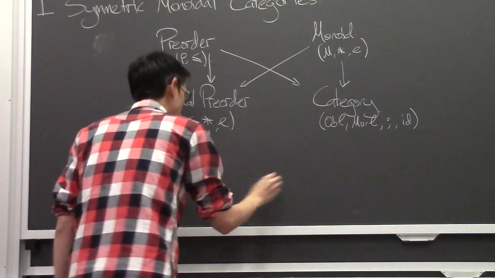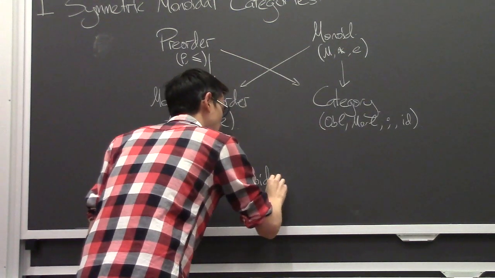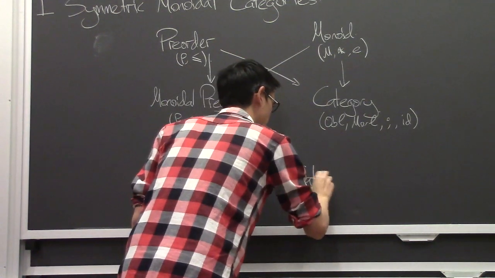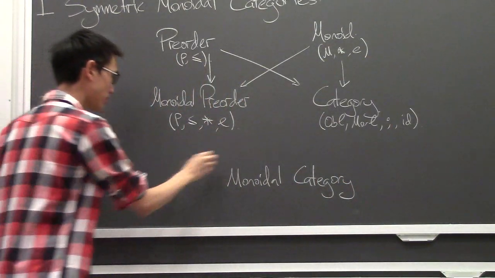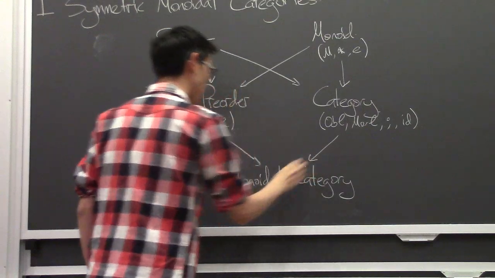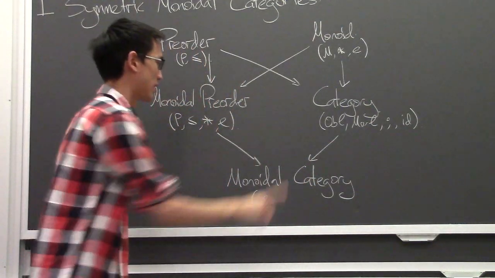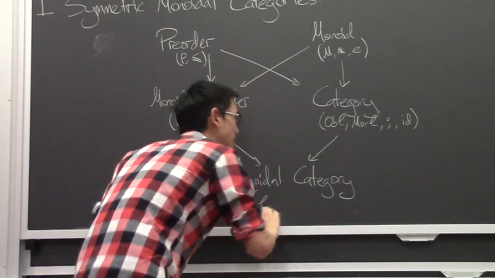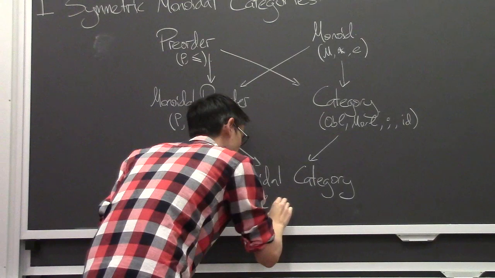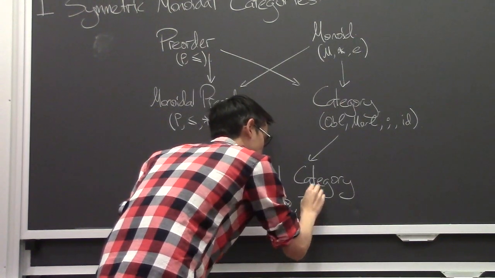But sitting down here then, we can perform this same sort of trick and define monoidal categories. So what these are are categories, so that's all of that data, but they have a monoid structure on the category.